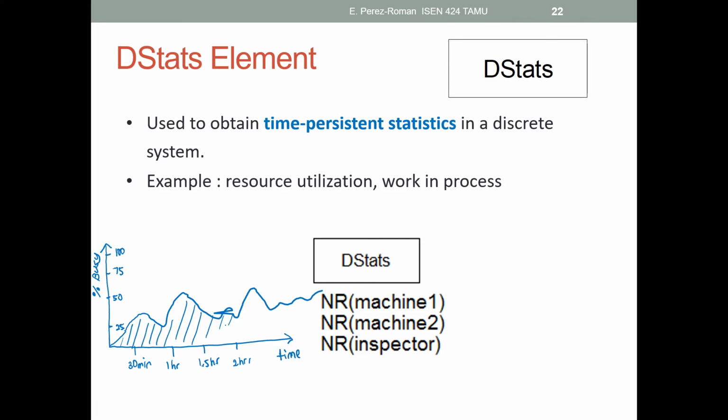And the way you collect the information for a time persistence statistic is you use this element block called stats. And for utilization, we use a software-defined variable called NR. NR, with the name of the resource, will compute this time persistence statistic for you in terms of utilization.